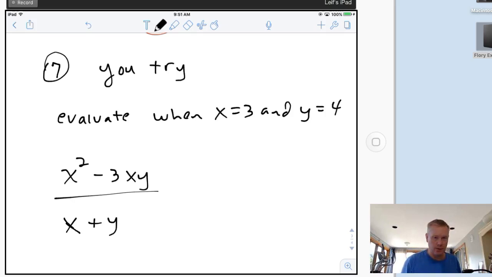All right, so you should simplify that out. Plug in 3, plug in 4, 3 for x's, 4 for y's, and then simplify and tell me what you got. All right, so if you want to hit pause for a minute, I'll show you what you end up getting.